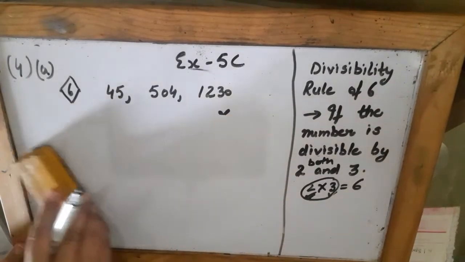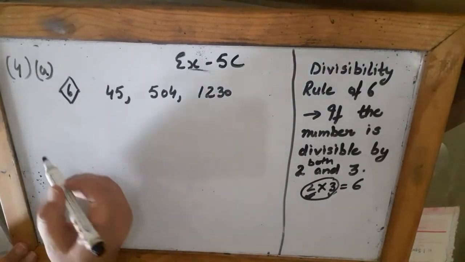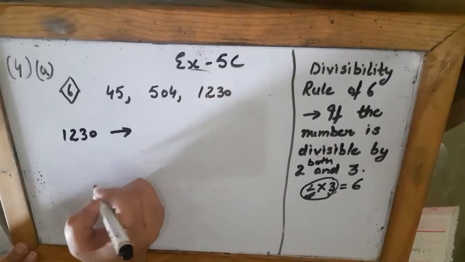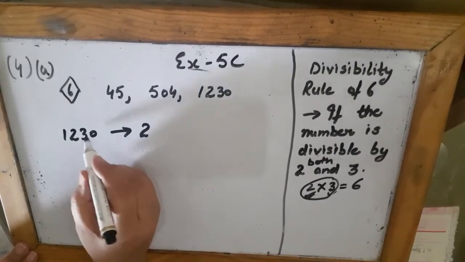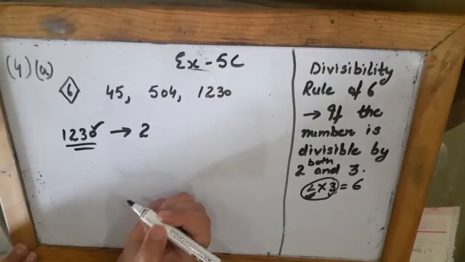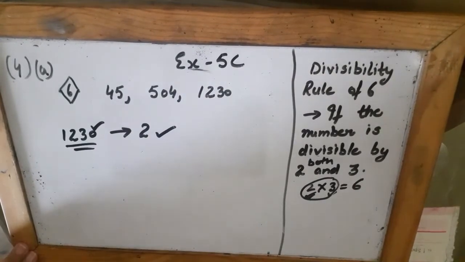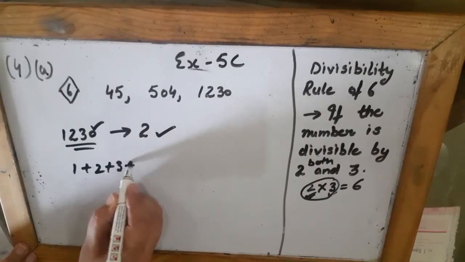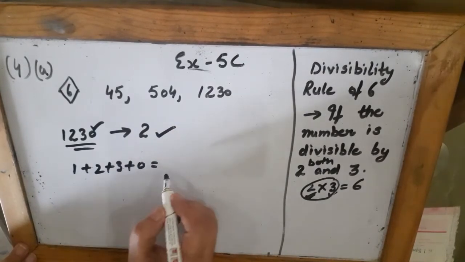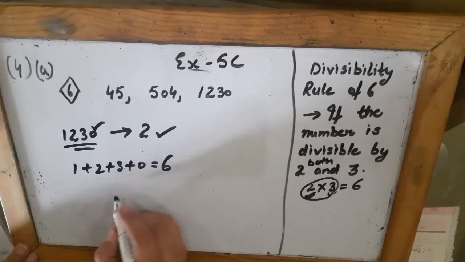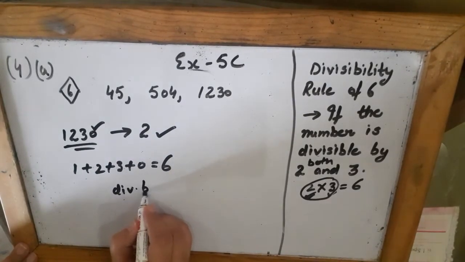Now let me take the next example, 1230. First of all, I have to check with 2. Yes, because it has 0 at its ones place and this is an even number, so this is divisible by 2. Now for 3, 1 plus 2 plus 3 plus 0, what do you get? 6. So 6 is divisible by 3. It means this number is divisible by 3 also.